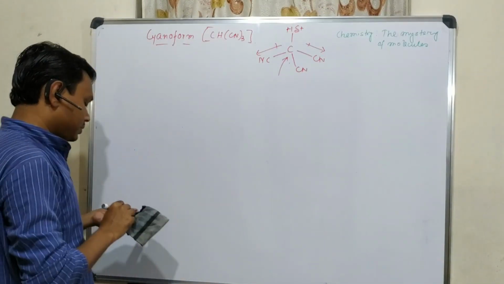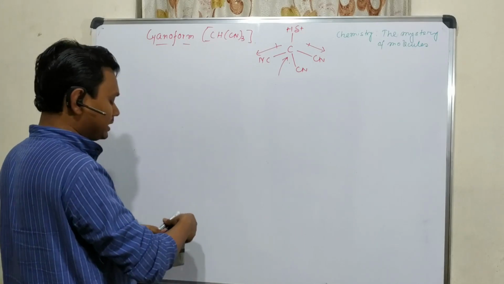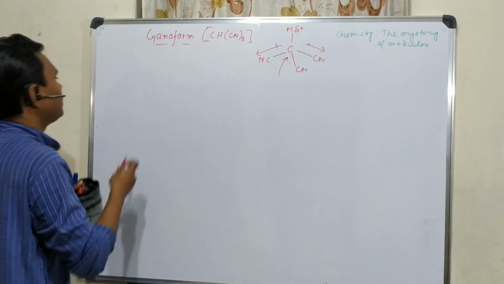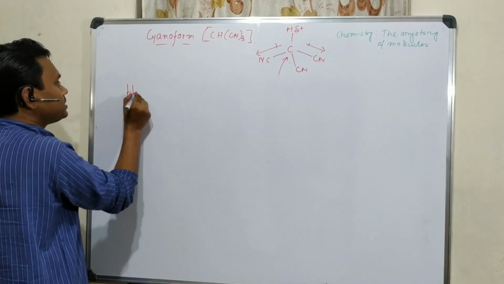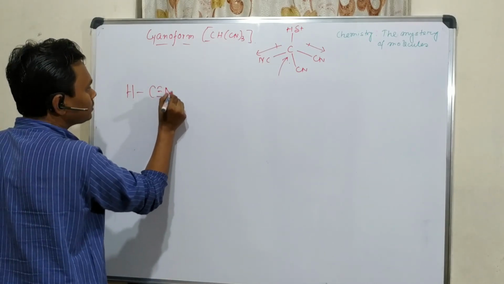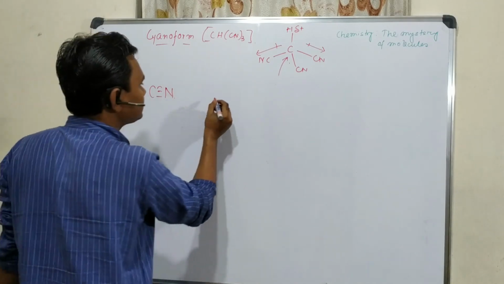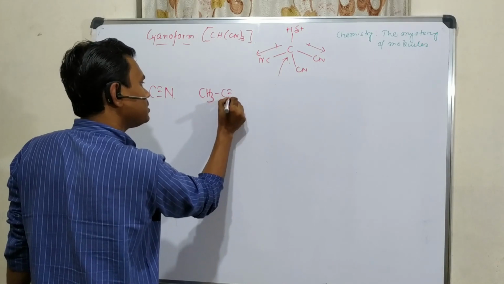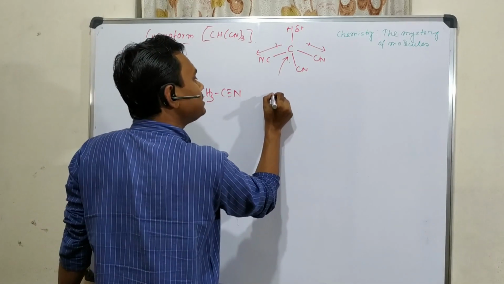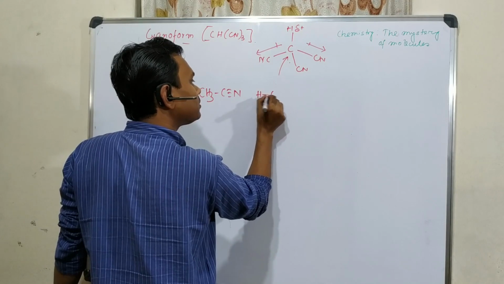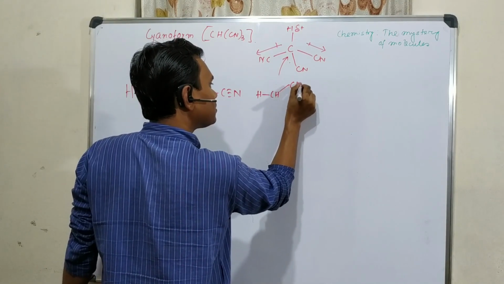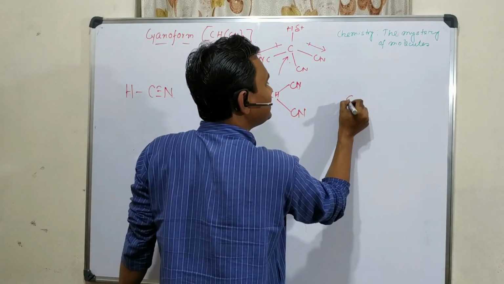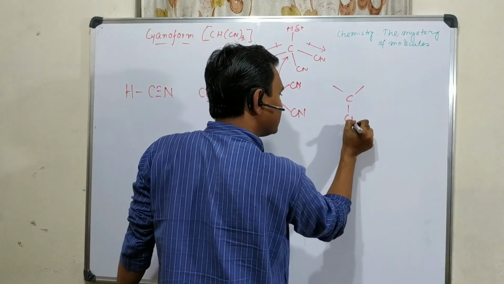So let's discuss another example. If we compare the analogous cyanomethanes, what I mean: HCN, you know, it is hydrocyanic acid. Second is acetonitrile, CH3CN. Then malononitrile, CH2(CN)2. Then tricyanomethane, CH(CN)3.